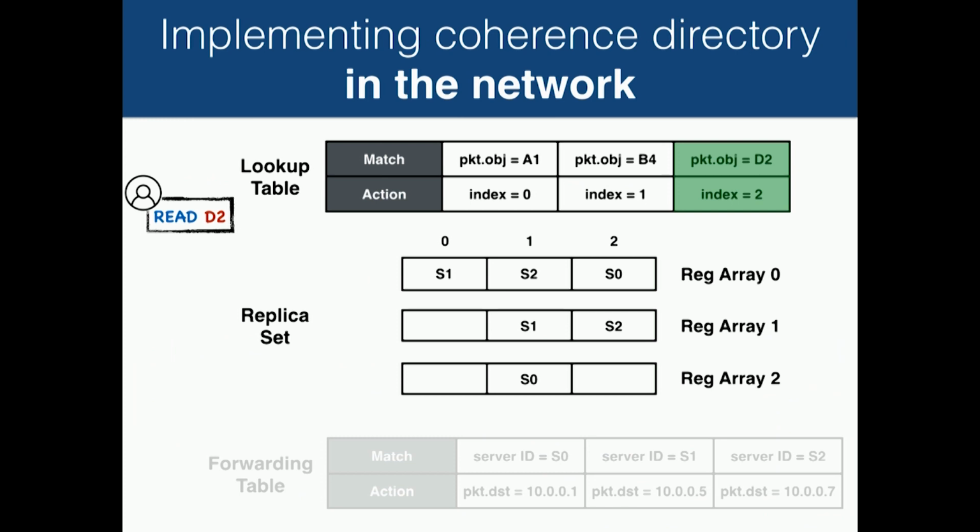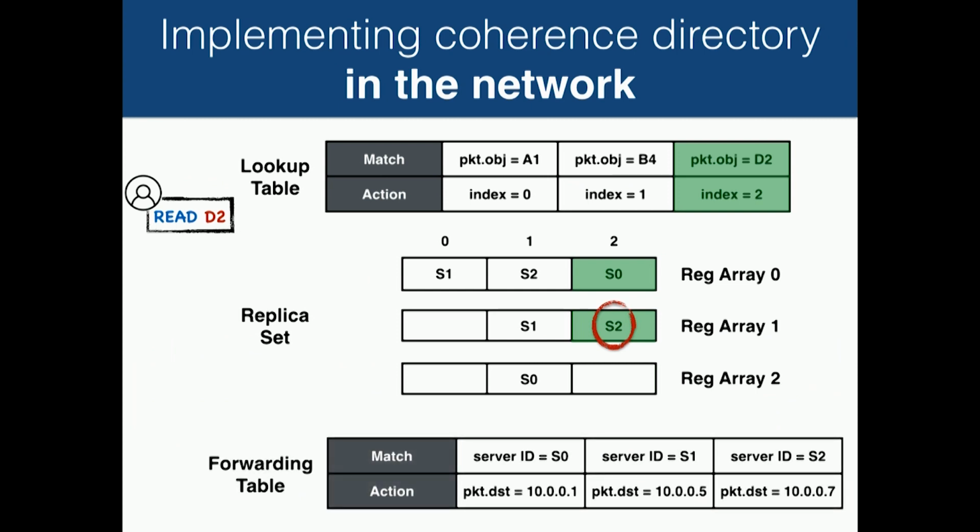Then we use multiple register arrays to store the replica set, and we use the index from the previous stage to find the replicas for that particular object. After we identify which server has the minimum load, which I'll talk about later, in the next stage we build a forwarding table that matches on the destination server ID and rewrites the destination address so that we can forward to the server we selected.